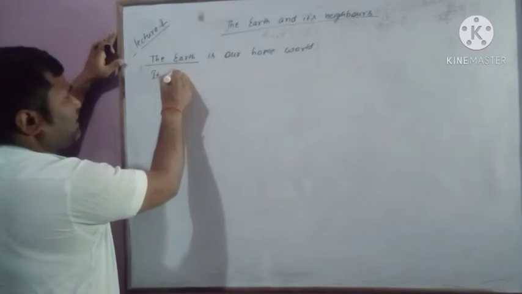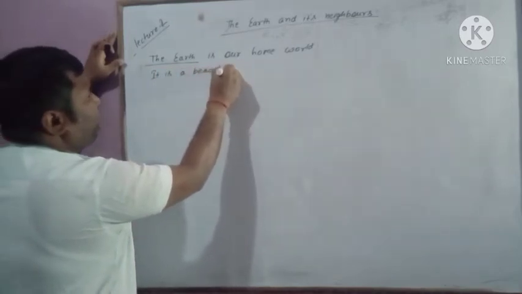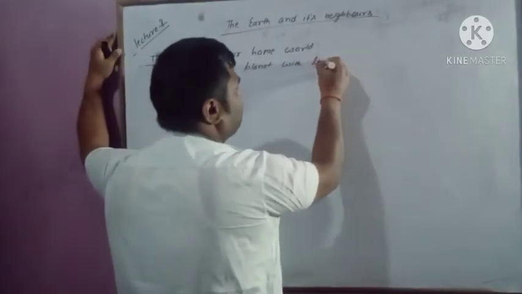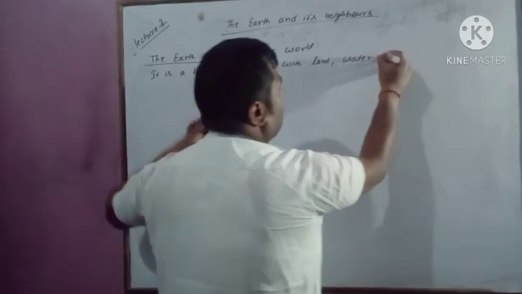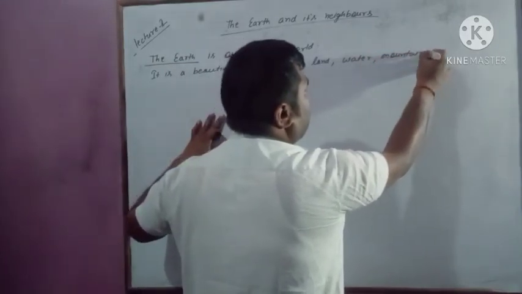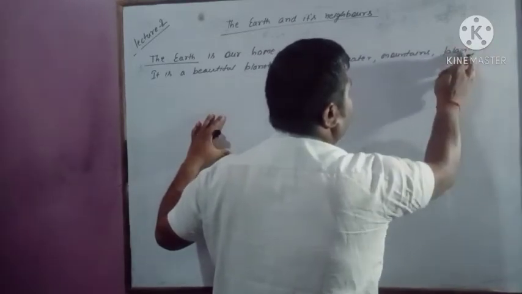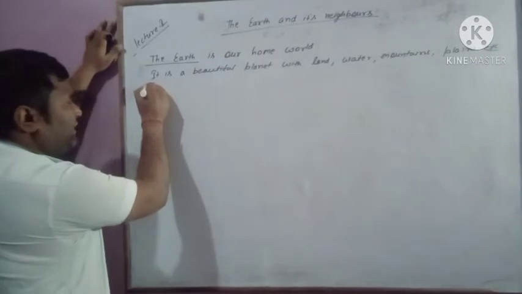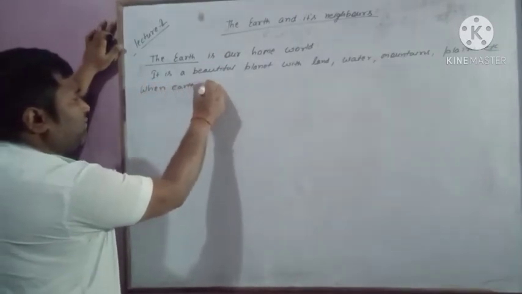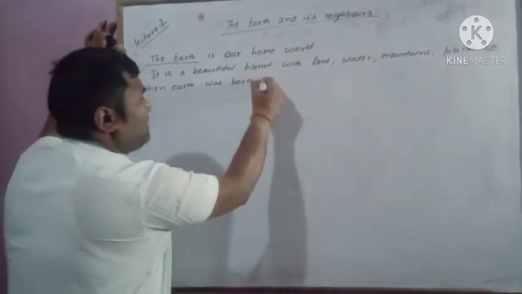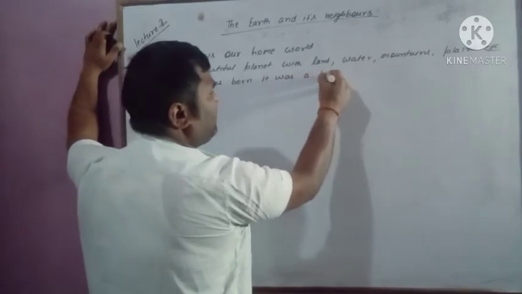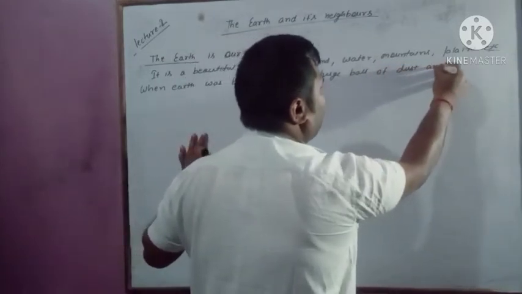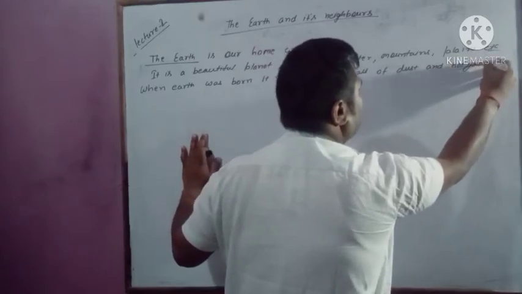It is a beautiful planet with land, water, mountains, plains, etc. So, when Earth was born, it was a huge ball of dust and hot gases.